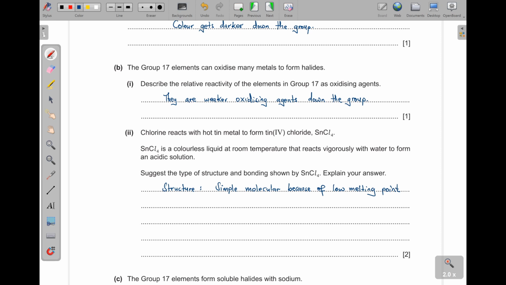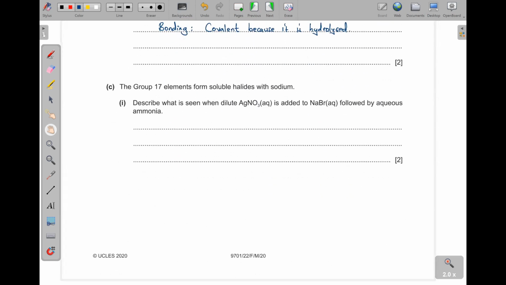In the question, the melting point is not given, but the fact that it is a liquid at room temperature means it has already melted. Then let's look at the bonding. The bonding here is, of course, covalent. Why? Because it is easily hydrolyzed. As simple as that.